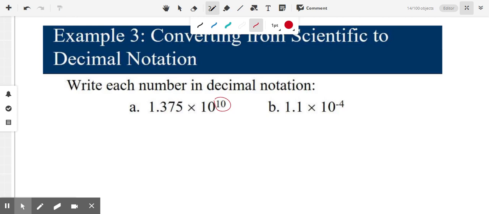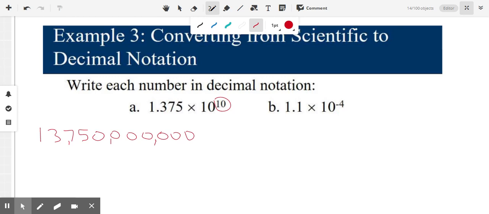If it starts right there, I move it over once, twice, 3 times, but I've got to go all the way up to 10, so I have to fill in zeros: 4, 5, 6, 7, 8, 9, 10. So that is 13,750,000,000. All right.